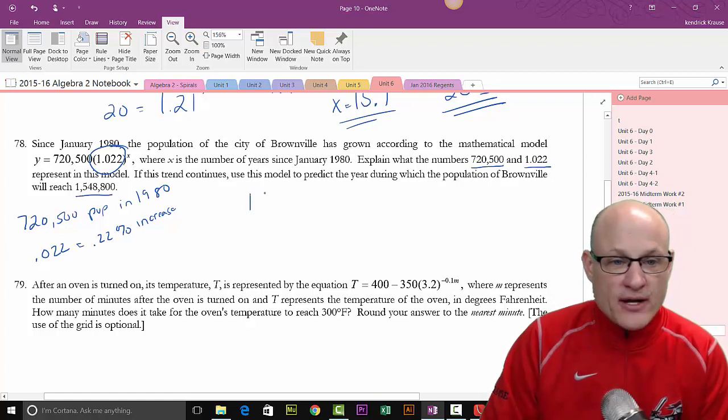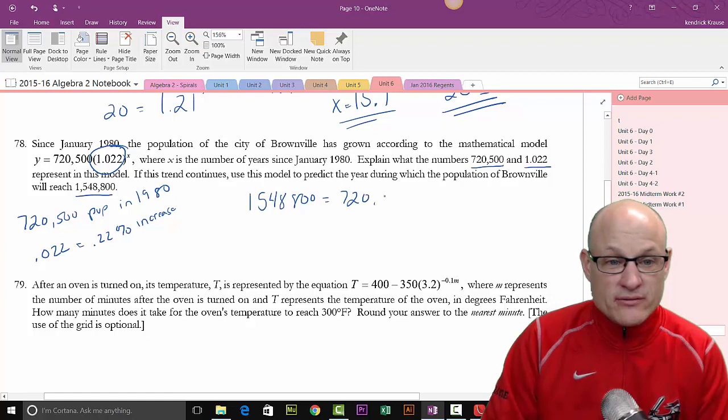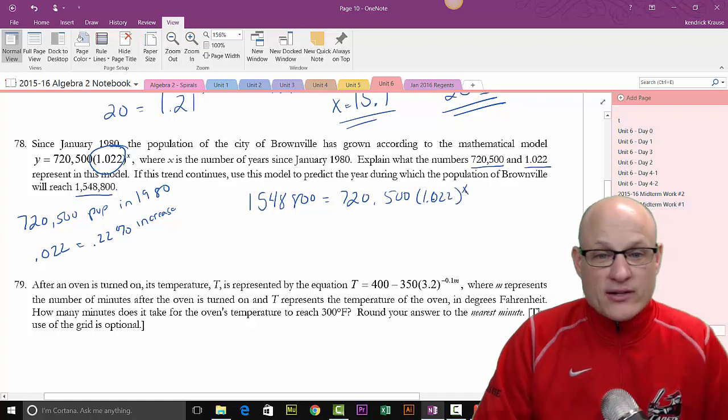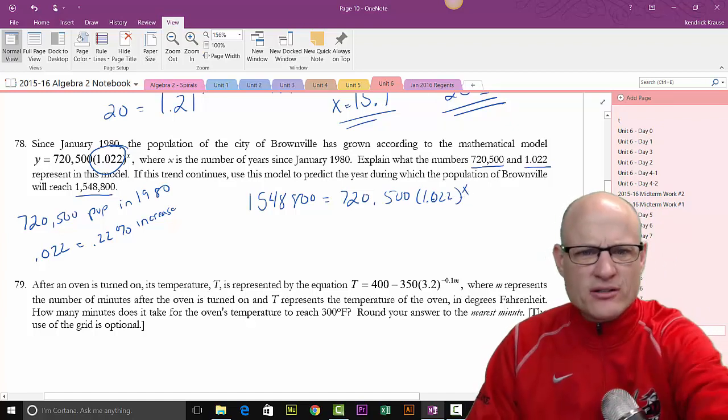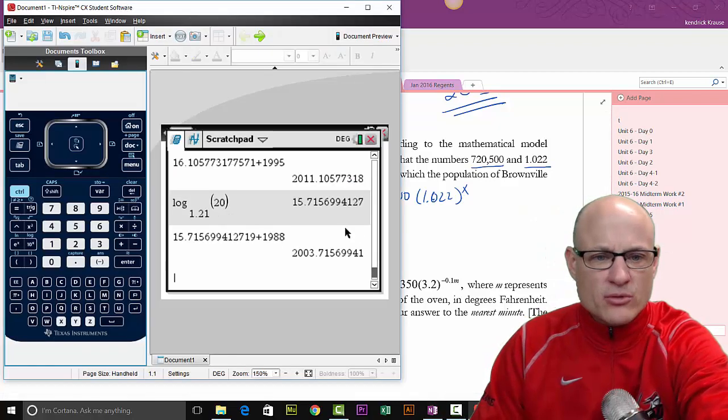When will it reach 1,548,800? 1,548,800 is equal to 720,500 times 1.022 to the x. So we're just going to divide. I'm not sure. That looks like it's double. No, it's not quite double.